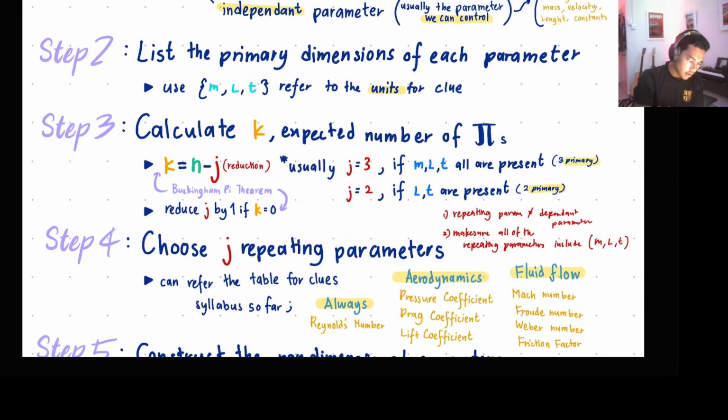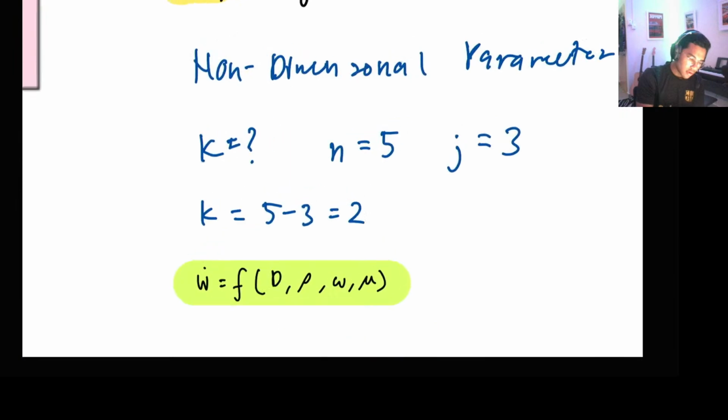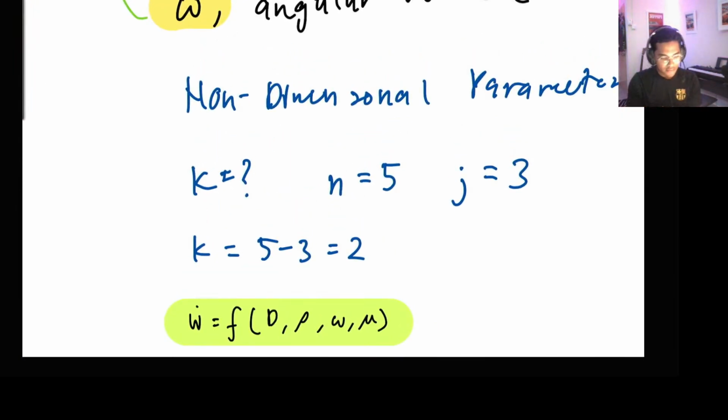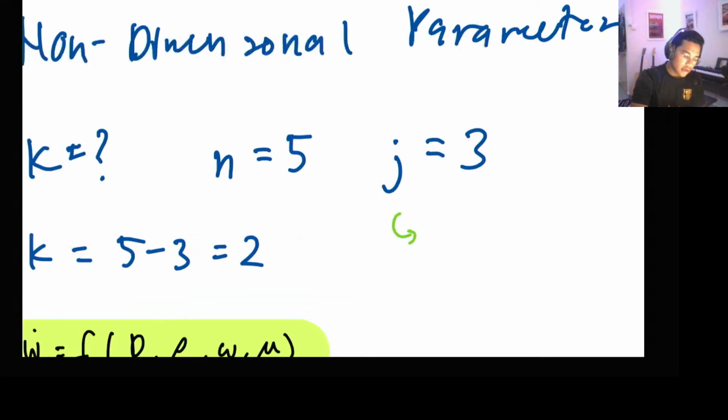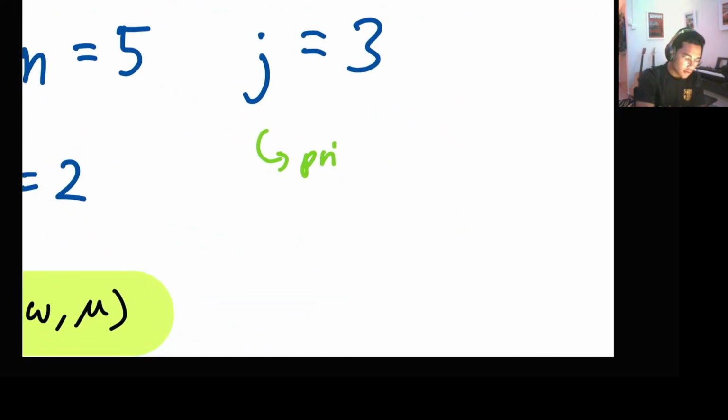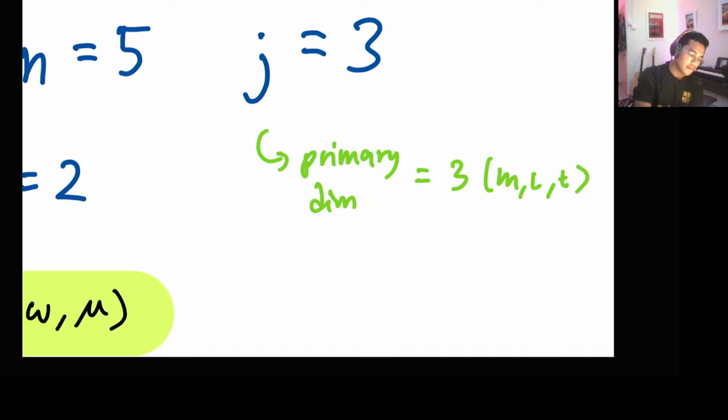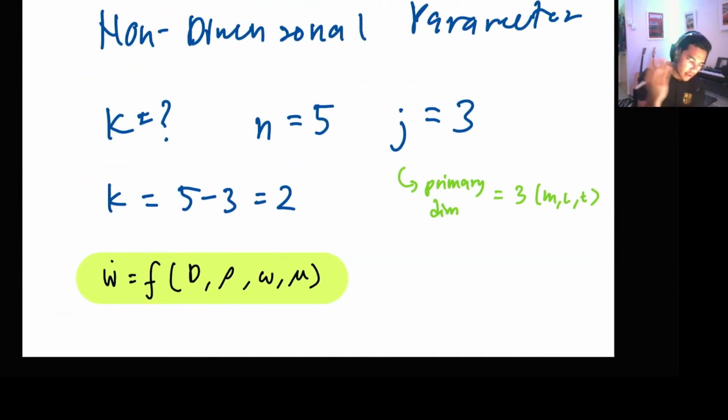Okay, now step 3, calculate k, the expected number of pi's. So our n is 5 and there is M, L, T. So the primary dimensions that exist are 3. There's M, L, and T. So j is equal to 3.